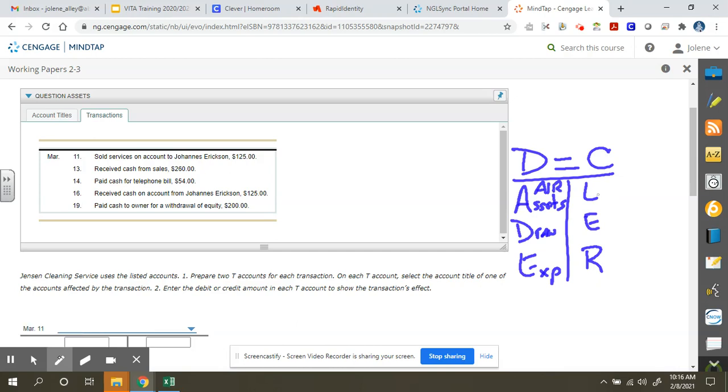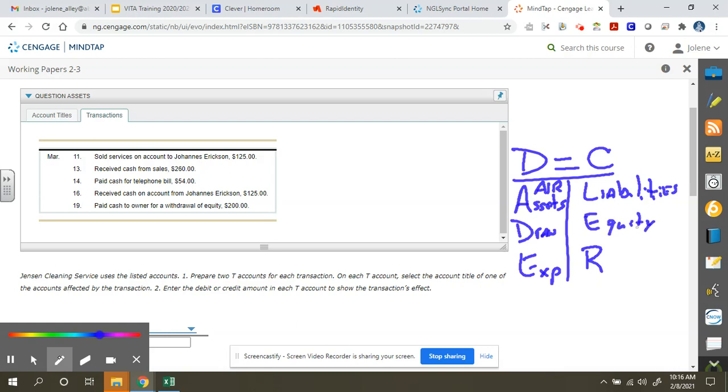On the credit side, you've got liabilities, and you've got owner's equity, which will be paid back to the owner. You have revenue. Revenue is incoming money, and right now we call it sales. Right now, the only incoming money that we have is from sales.